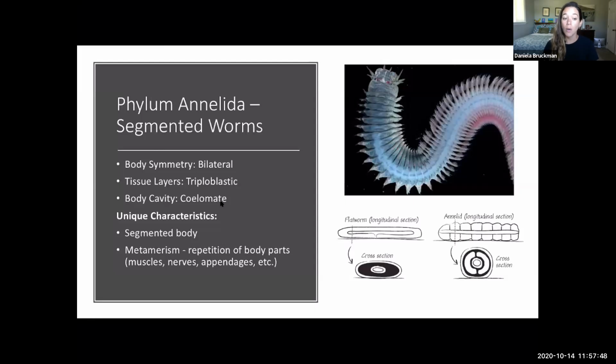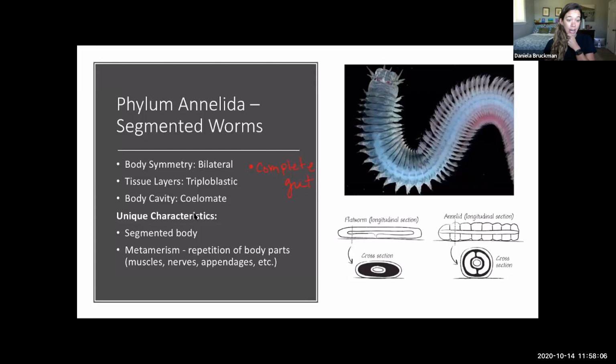And they also have, and I didn't write it here, but we might want to make note of it, a complete gut, unlike the flatworms. So they're going to have a full tube, where food goes in one end and comes out the other.